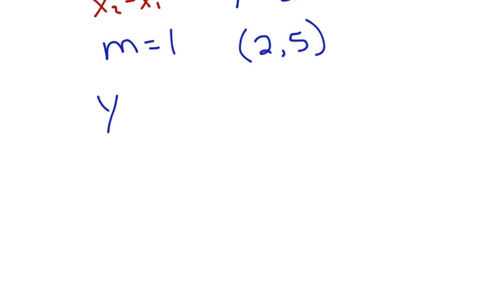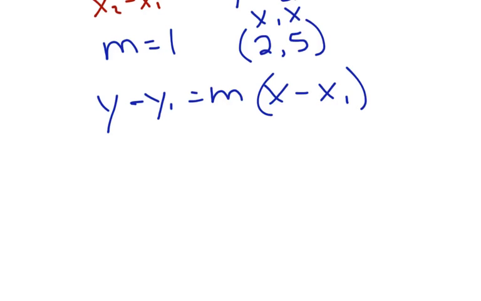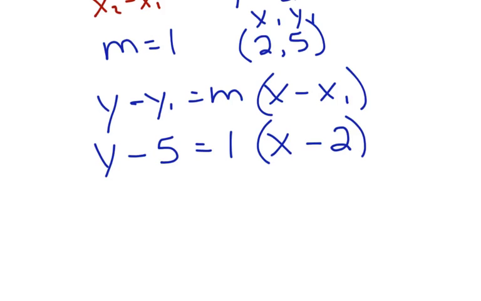So I'm going to write down my y minus y1 equals m times x minus x1. And now I'm going to start plugging in. Let's go ahead and label this again. x1, y1. So y minus y1 is 5 equals m is 1, times x minus x1 is 2.